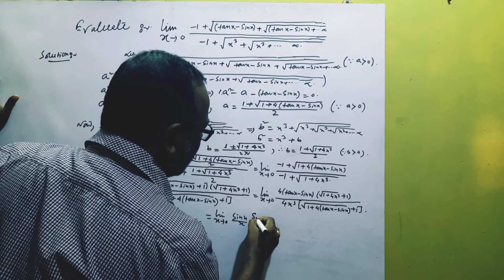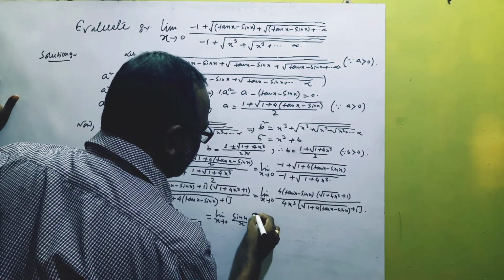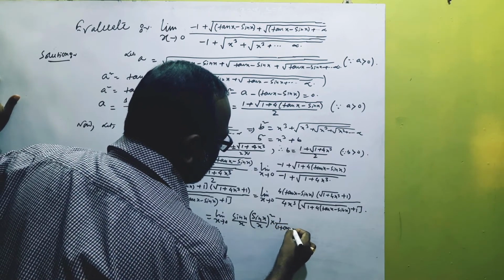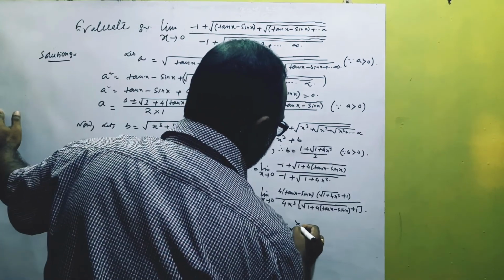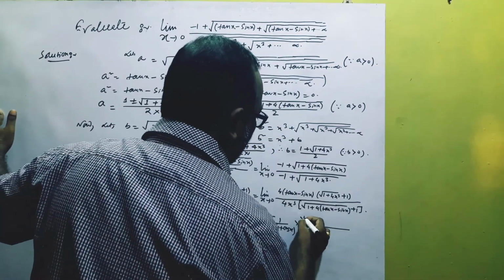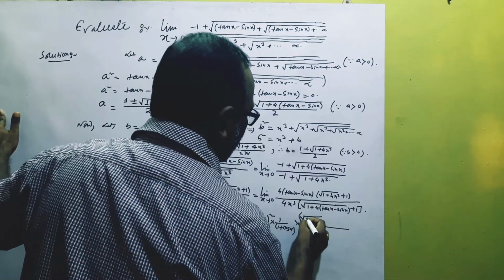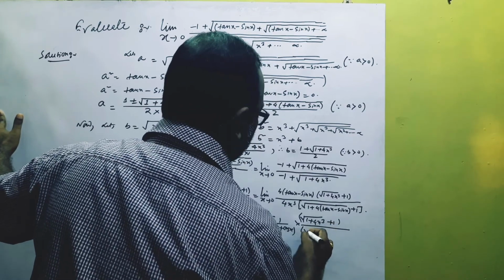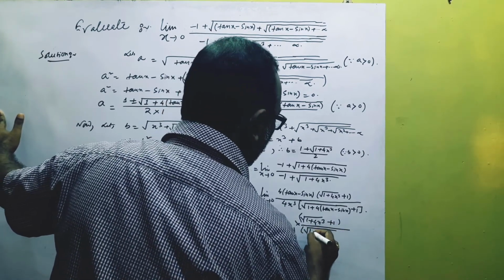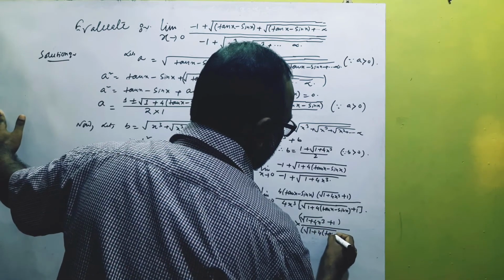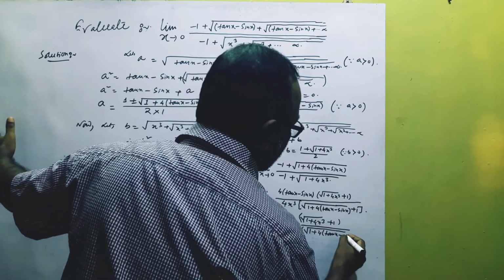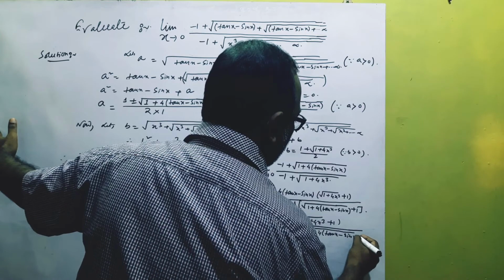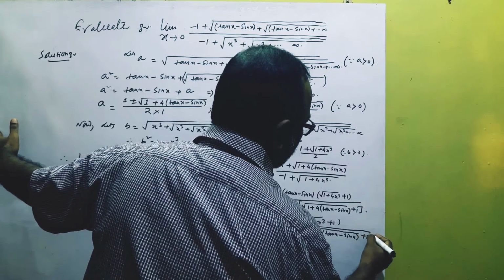So you get (sin x by x) whole square into 1/(1 + cos x), into √(1 + 4x³) + 1 over √(1 + 4(tan x − sin x)) + 1.